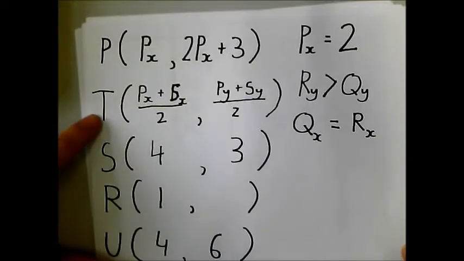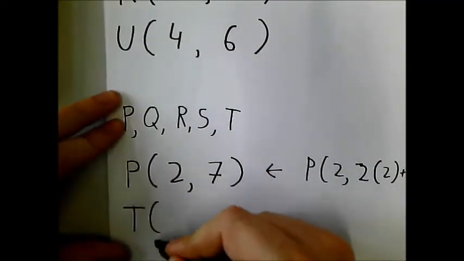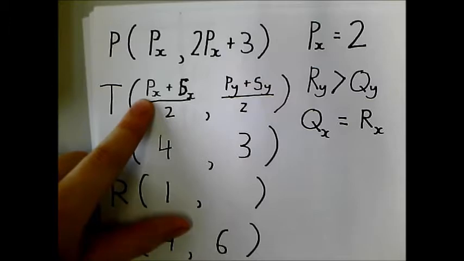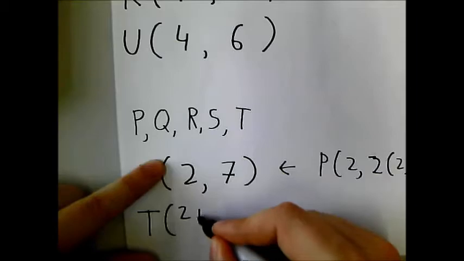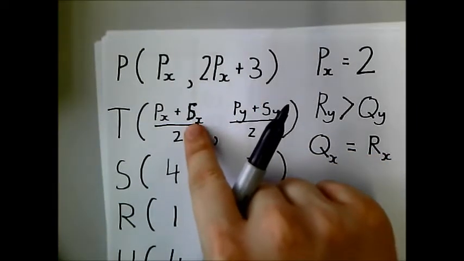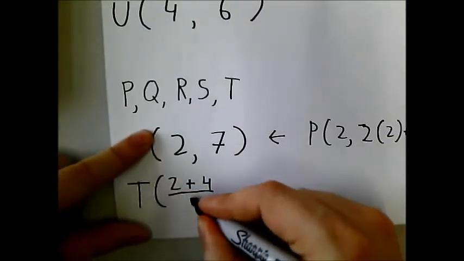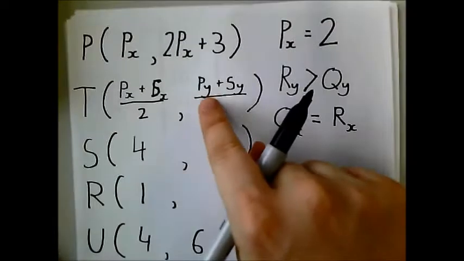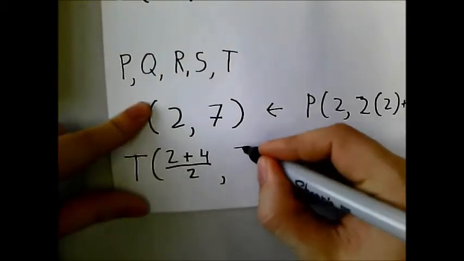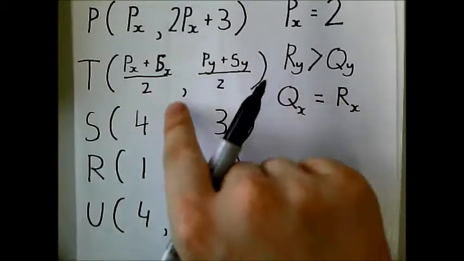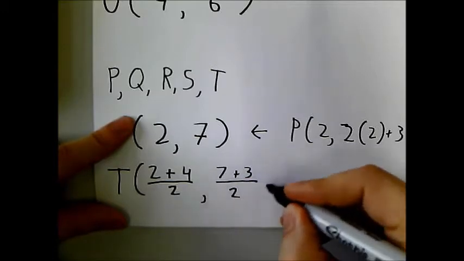Let's see what we can do with T. So we know that T is Px, which we now know is 2, plus Sx, which we know is 4, divided by 2, and then Py, which we just worked out was 7, plus Sy, which is 3, divided by 2.